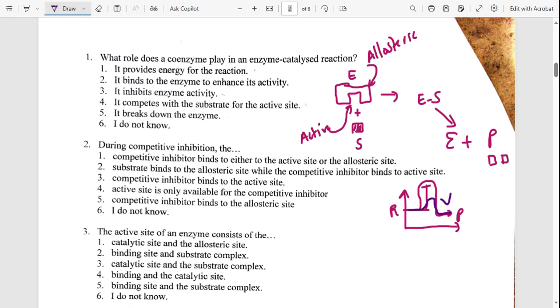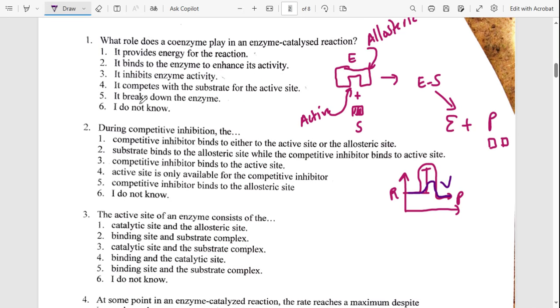And then we have other molecules that are metallic in nature, for example, ions. Those are also going to be able to help in activating enzymes. But we'll discuss them in case I meet any question on that.